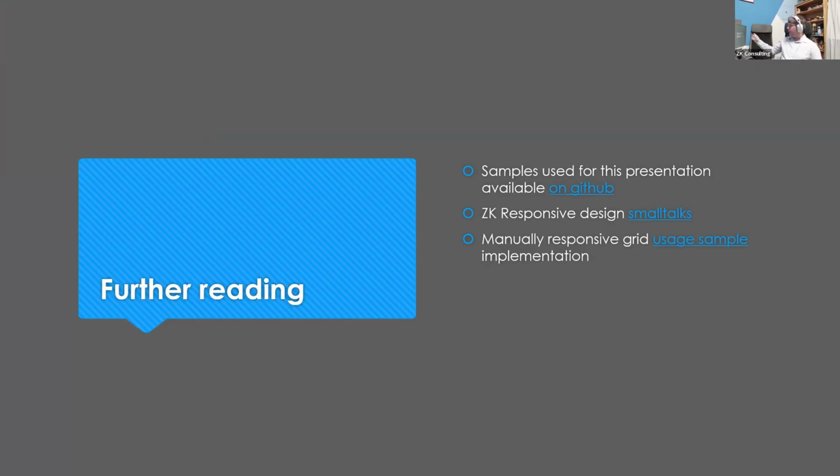You have the responsive design Smalltalks on our Smalltalk page, if you want some more in-depth discussion of what responsiveness entails in a ZK page if you're not using the responsive grid. And if you want some example of manually implementing grid responsiveness, I've also included a link to our documentation GitHub. Okay.